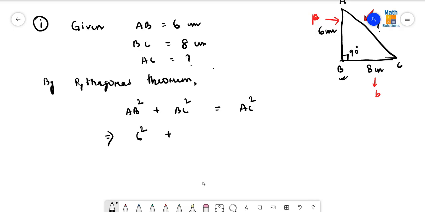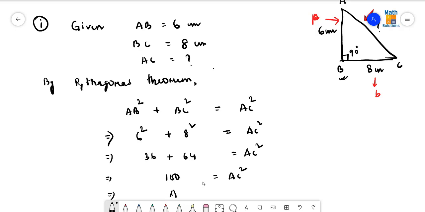It is 6 square, this is 8 square, and this is AC square. So I get here 36 plus 64 is equal to AC square. So of course this is 100 equals AC square. So ultimately AC will be equal to the square root of 100, and that will come as 10. We all know this, 10. So this is 10 centimeter.